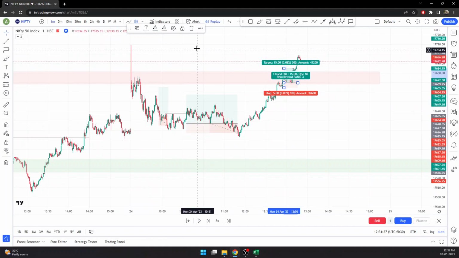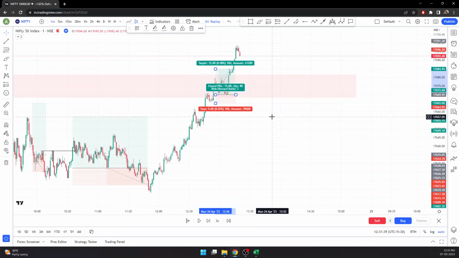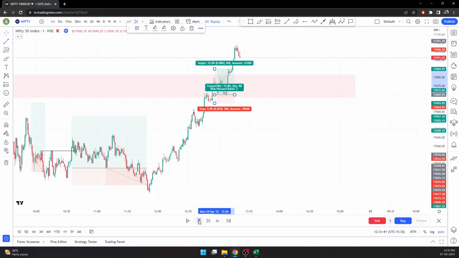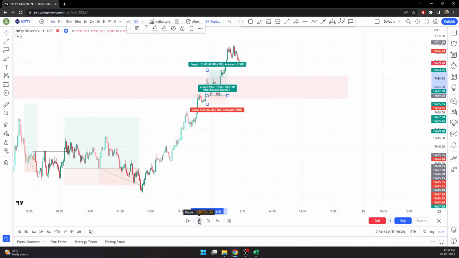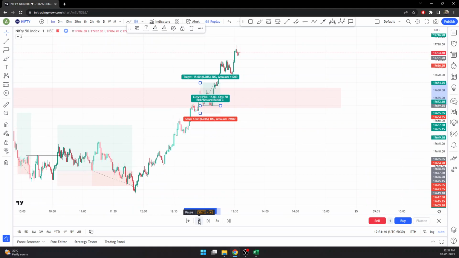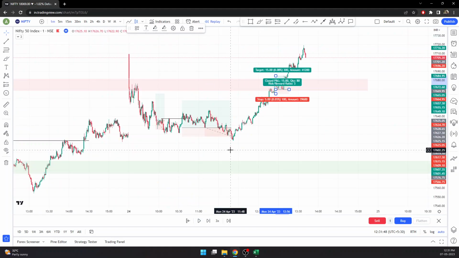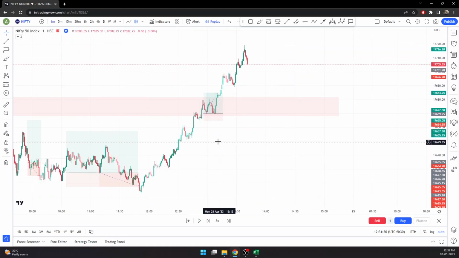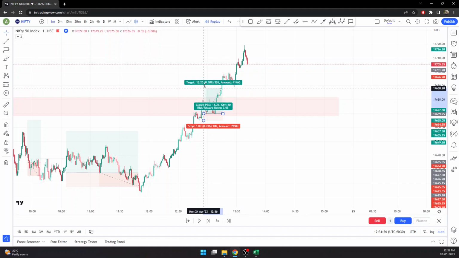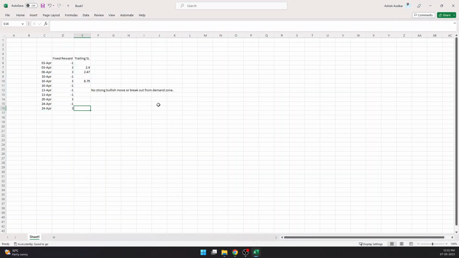Clearly breaking, it should touch this particular level now. So in case of trailing stop loss, we could have achieved around these levels, 1:4, on 20th April.